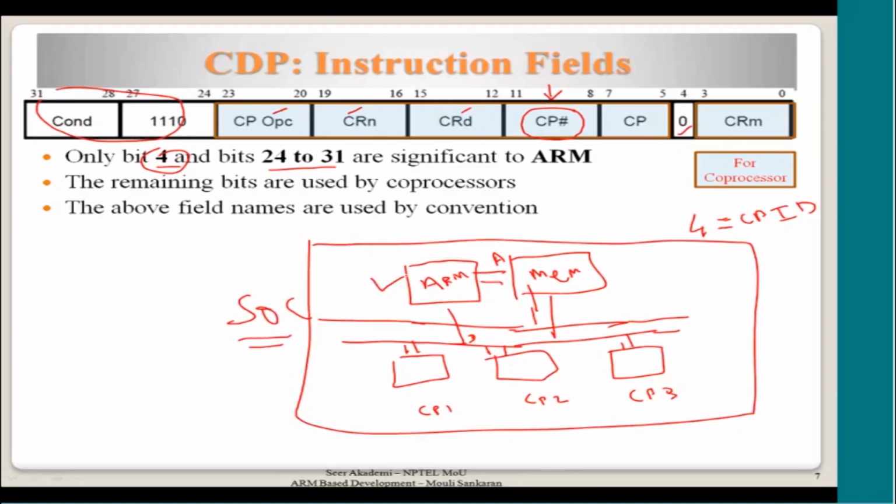We bought the ARM IP core from ARM, and I am designing this for company A. Company A is not an expert in DSP, assume, and they don't have expertise in floating point. Whether they have the expertise or not is a different issue, but they are not in the business of designing this coprocessor. But company A is designing the SoC.